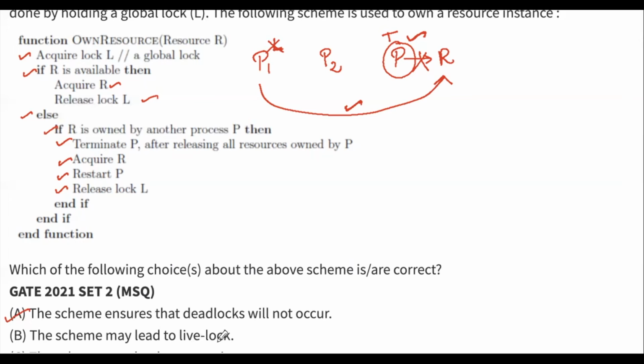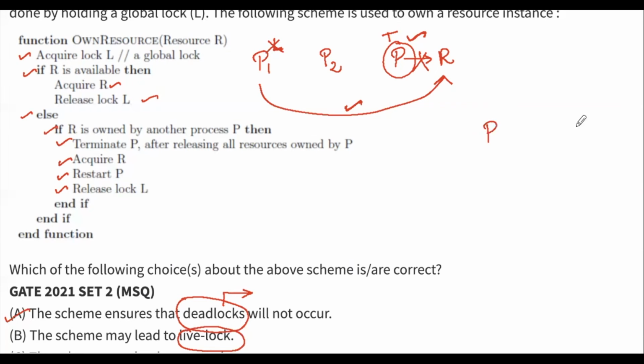Then, this scheme may lead to livelock. So what is a livelock? It is similar to deadlock, but the states of the processes keep changing with no effective utilization. In deadlock, the process states will not change, whereas in livelock, the process states might change.